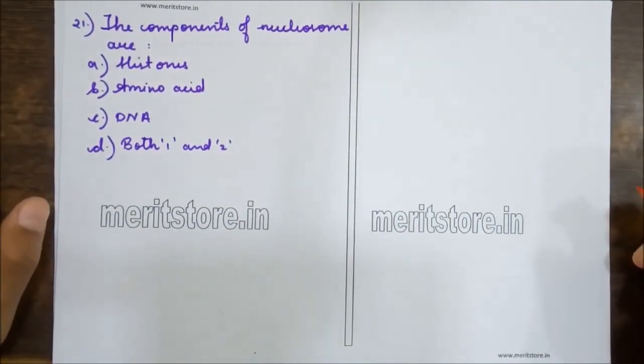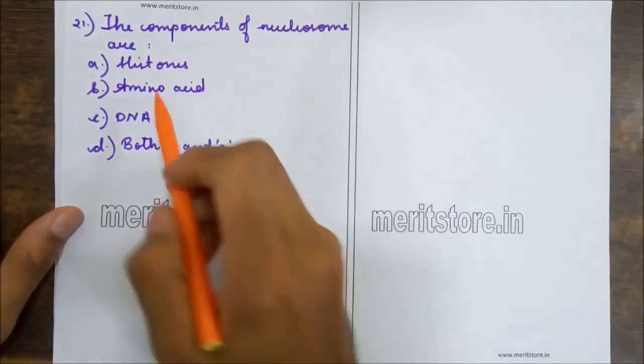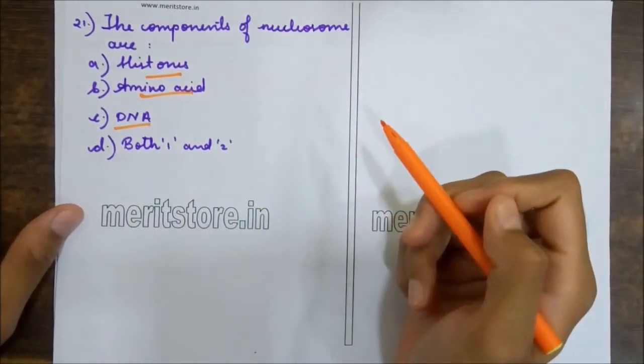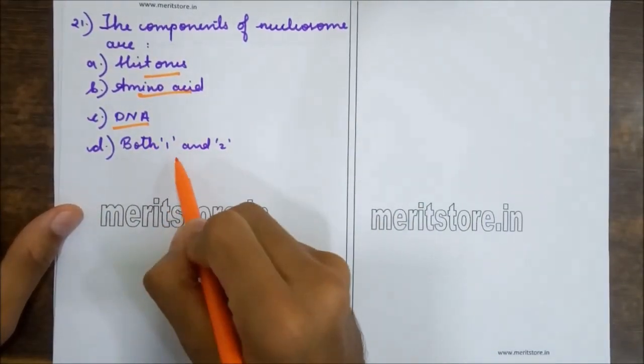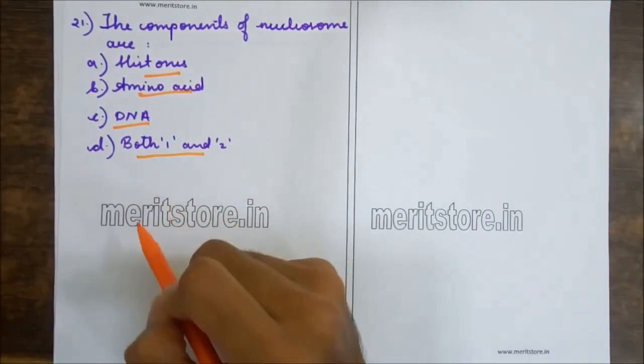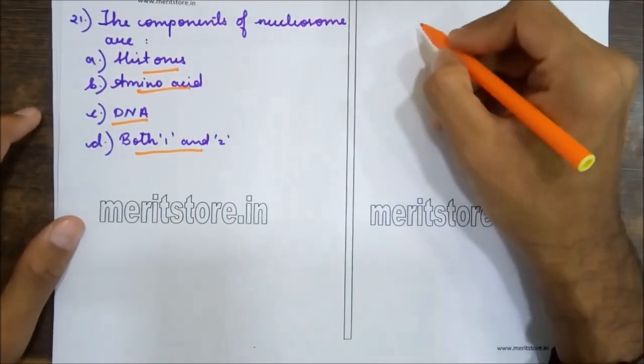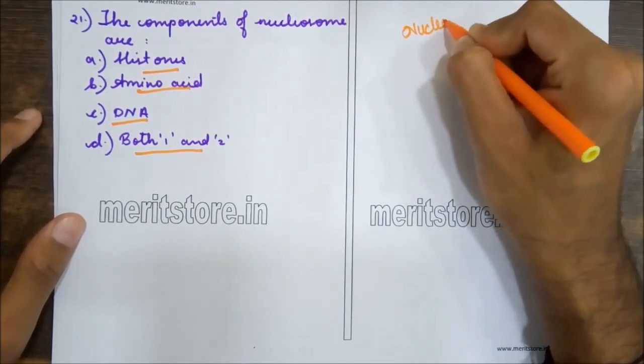Question number 21. The components of nucleosome are option A, histones, option B, amino acid, option C, DNA, and option D, both 1 and 2. First, you should understand what is nucleosome.